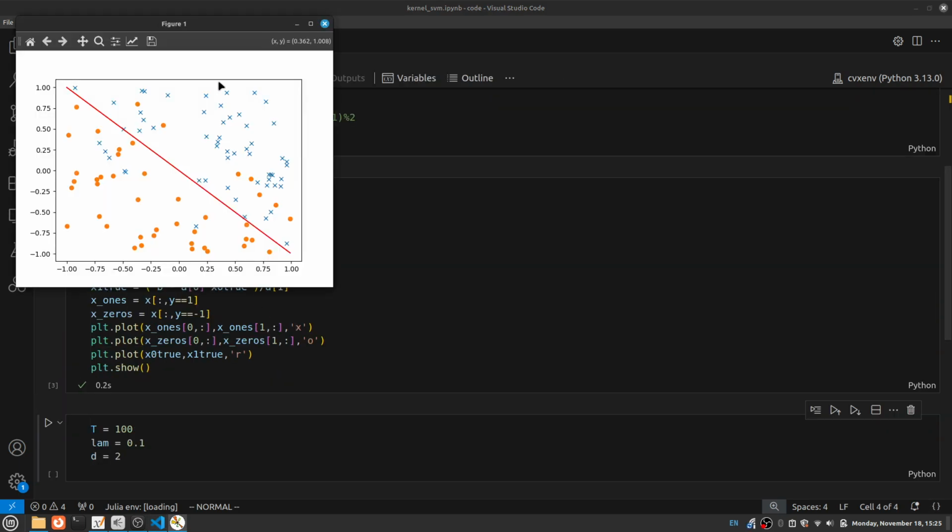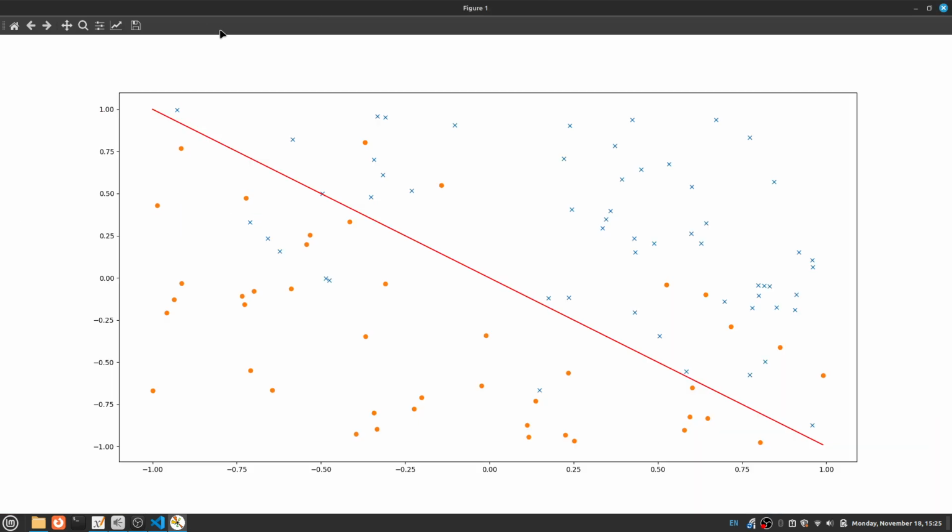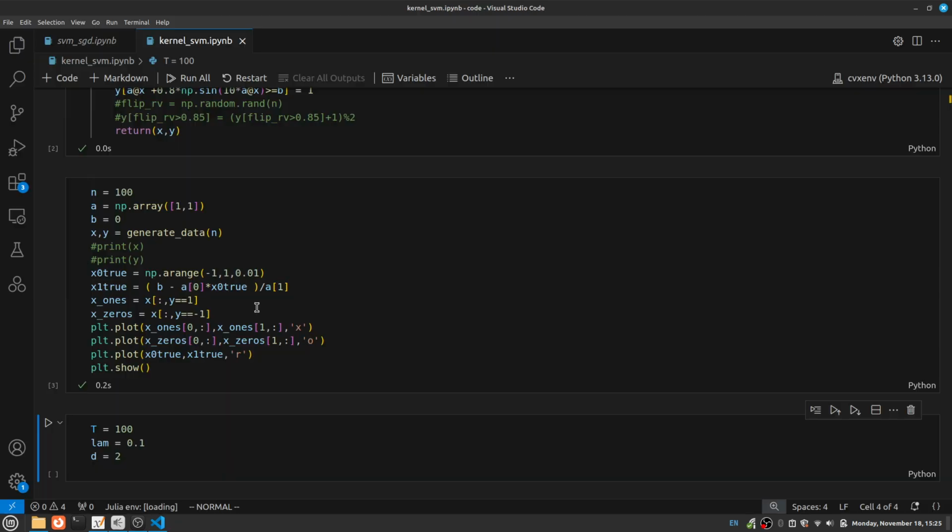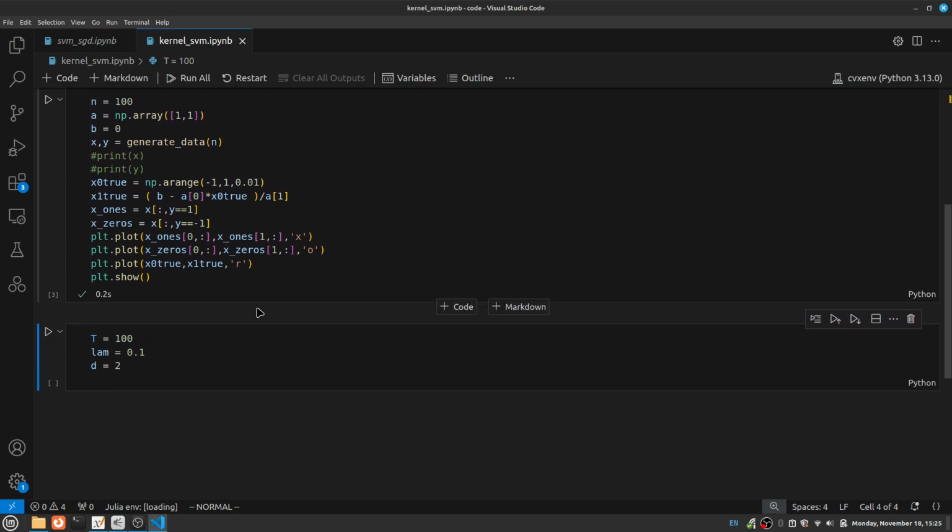If I plot this out, this is what it looks like. My data set is not linearly separable, but most of the points labeled +1 are above the line x1 equal to -x2, and vice versa. Most of the points labeled -1 are below the line x1 equal to -x2.